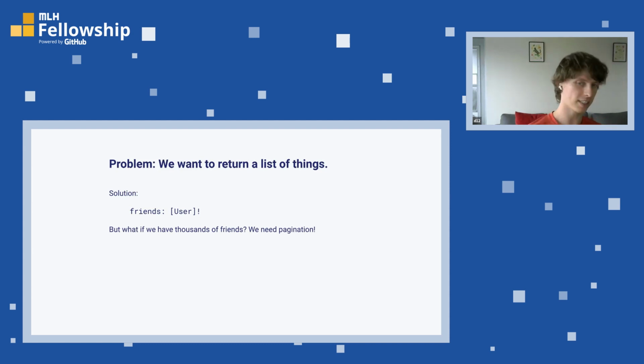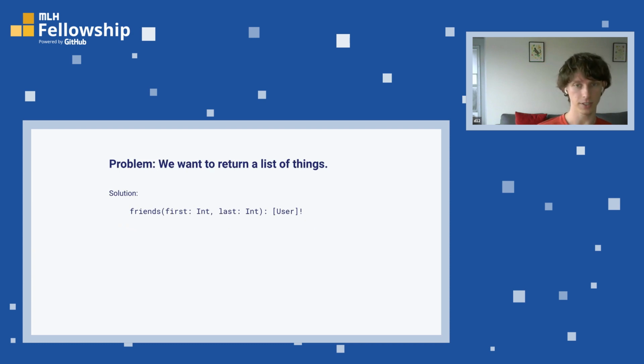Where we have like first and last, and we can have other pagination arguments. Like I want the first people after this many, whatever, and that returns a list of users. That's an improvement. Now we have pagination, and that resolves our issue with returning thousands and thousands of users, slowing down everything and sending ginormous payloads.